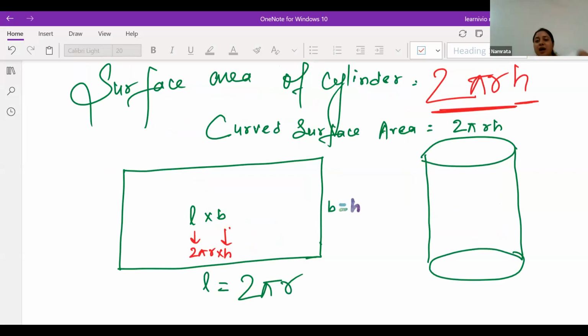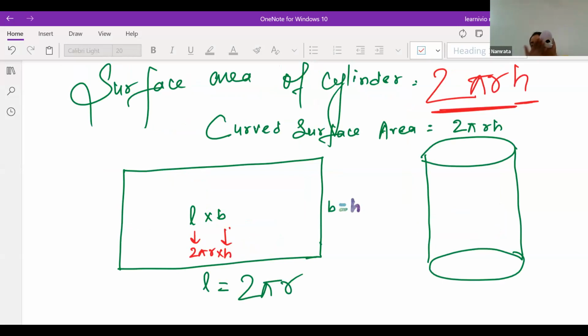So this curve part's surface area formula is 2 pi RH, but there are two more surfaces whose area we need to consider over here.